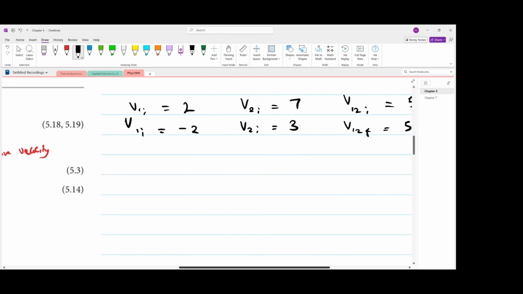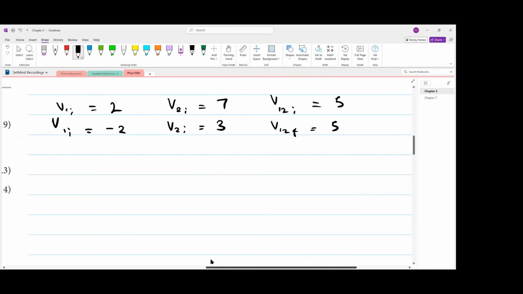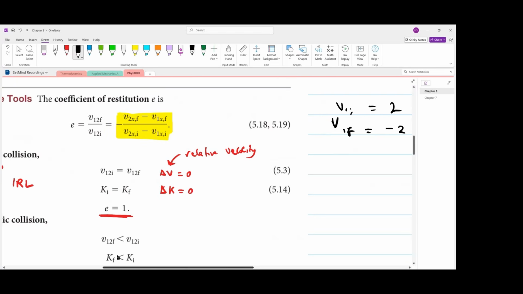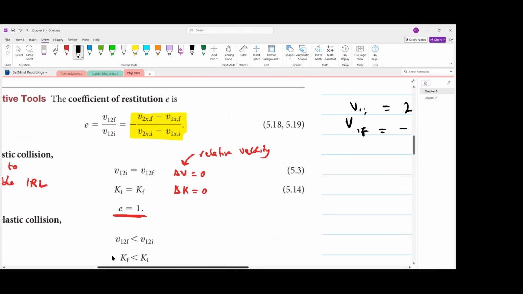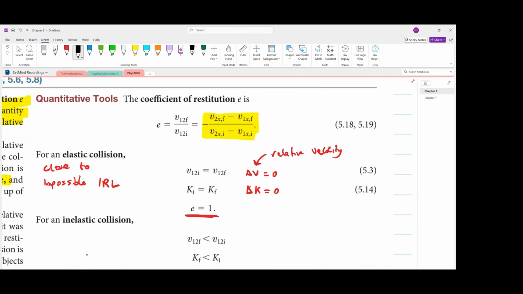So the individual velocities can change, but the relative velocity is going to stay the same before and after the collision, right? So the relative speed. If we go back to here where I was puzzled about it, the reason is that this looks at speed, so the speed stays the same.